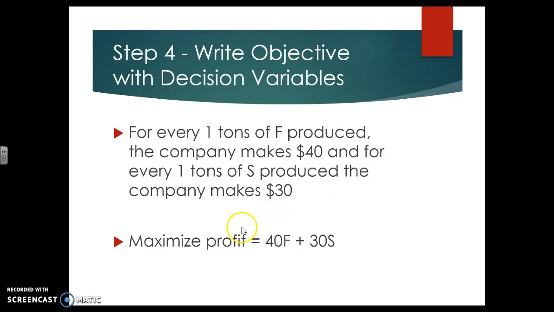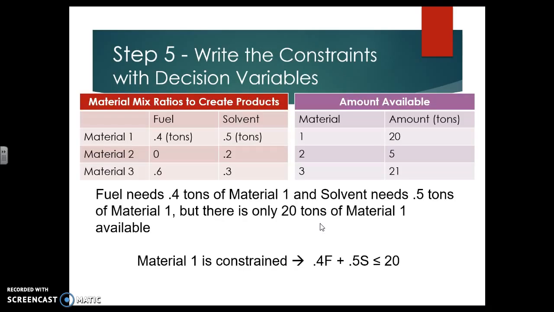So to maximize my profit, it's $40 for every fuel ton I make, and it is $30 for every solvent ton that I make.